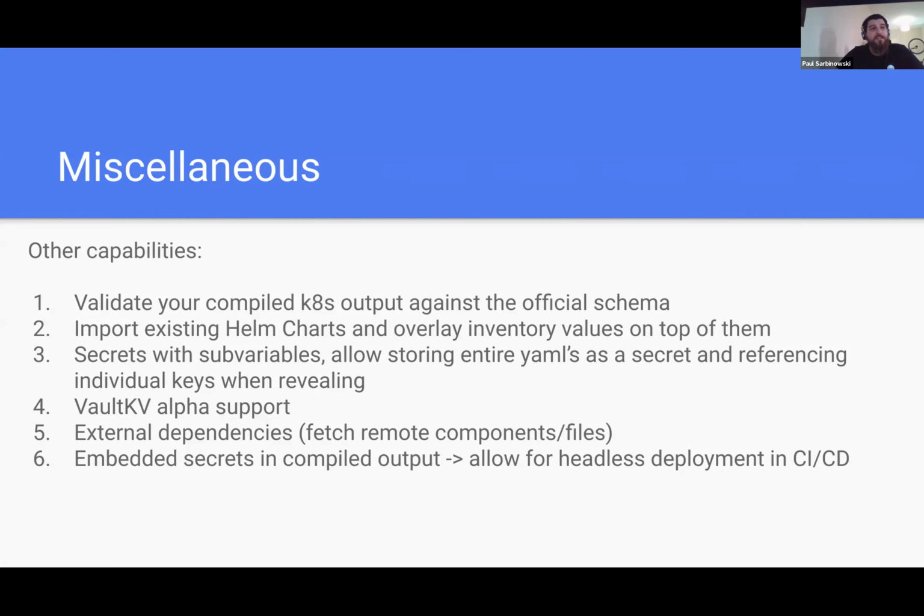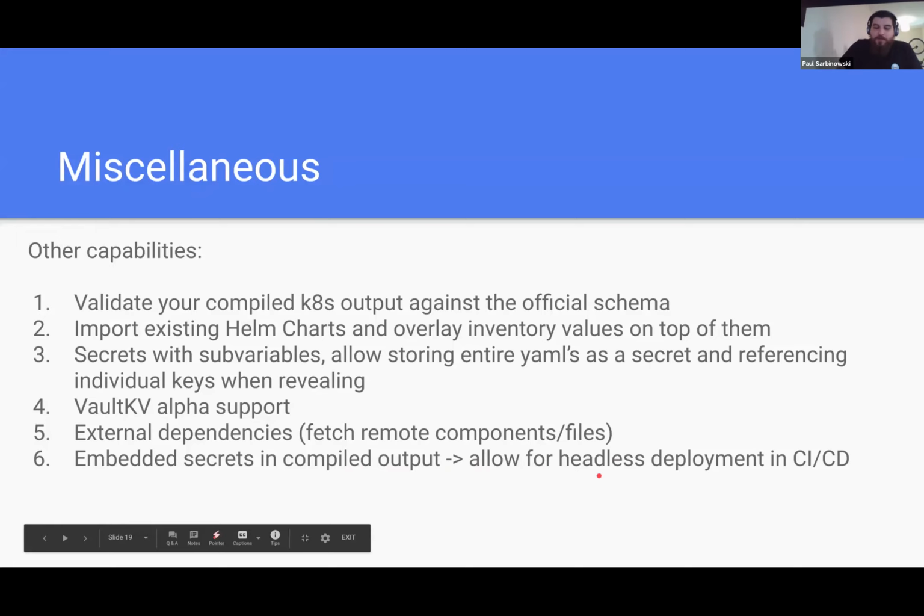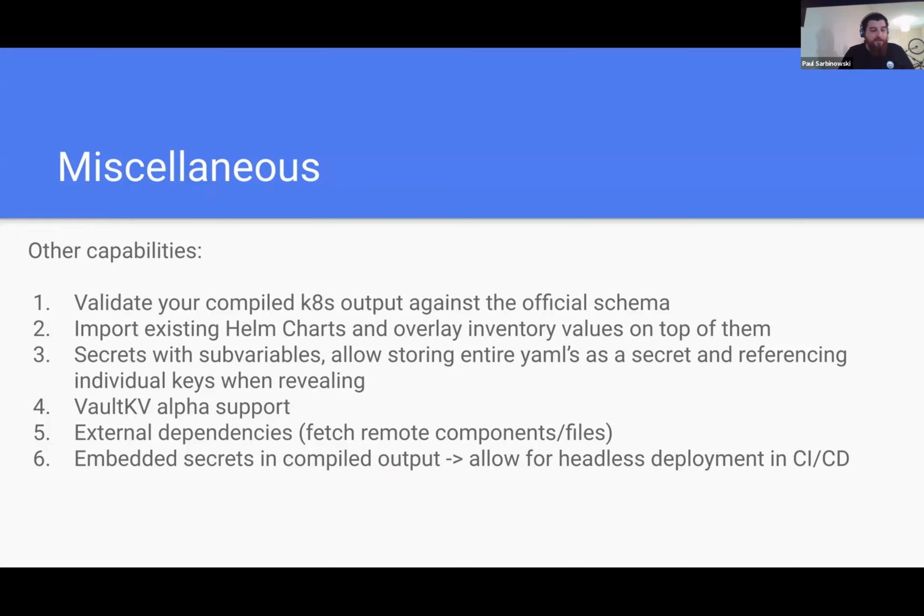And one of the nicest, very new features is the embedded secrets in the compiled output. So up until now, when you encrypt a secret, it's stored in the refs folder, so refs/. Therefore, when you reveal that secret, you need that folder. It's a dependency, which doesn't work well if your deployments are done by Jenkins or some other job runner in an automated way without humans.